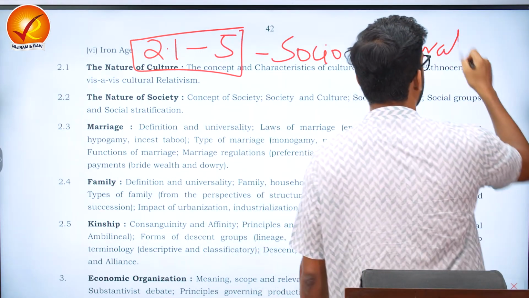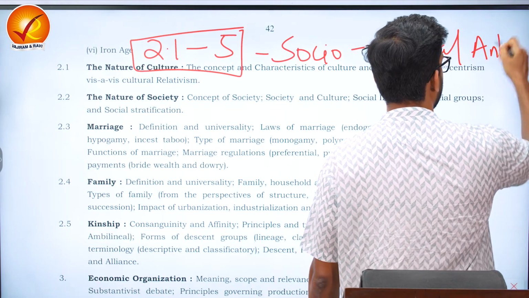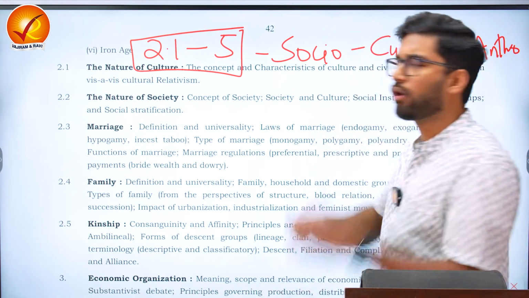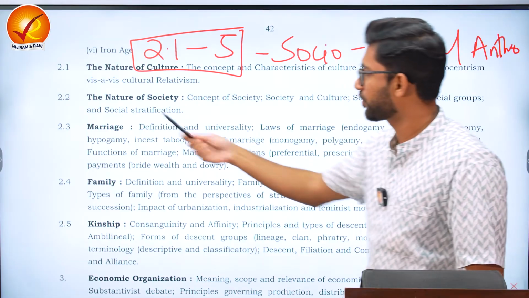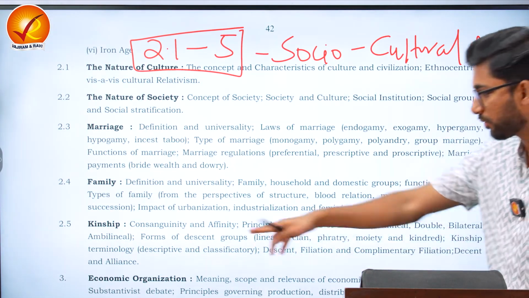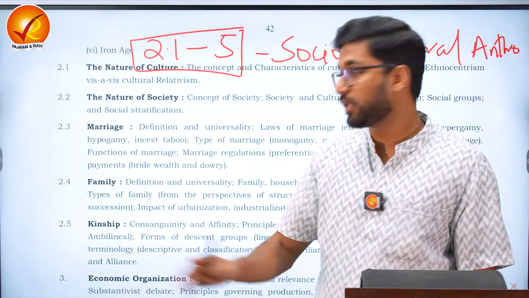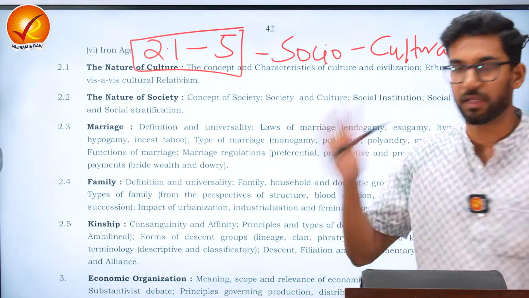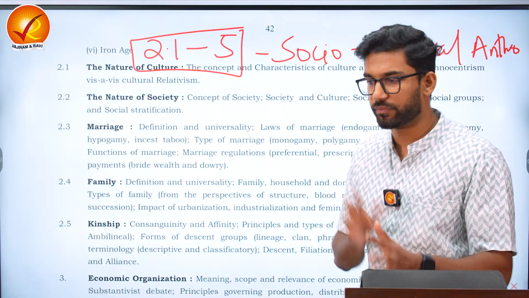Okay. So here we have all sorts of different topics. We have culture, society, marriage, family, kinship, economic anthropology in 3, political anthropology in 4, and religion in 5. It's a very diverse sort of thing.